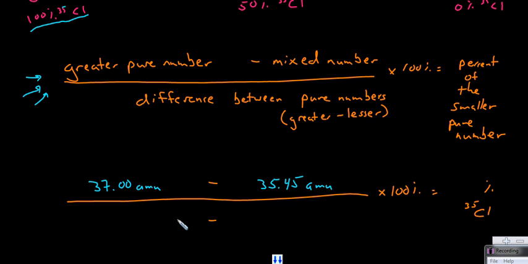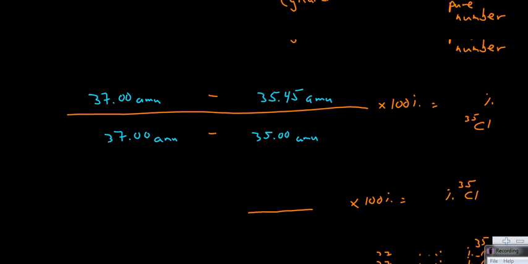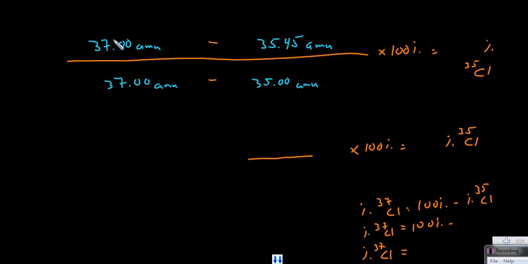Now, the difference between the pure numbers: the mass of chlorine-37 is exactly 37.00 atomic mass units, and the mass of chlorine-35 is 35.00 atomic mass units. Simplifying this equation, we have 37 minus 35.45, that is 1.55, and 37 minus 35, that's 2.00.